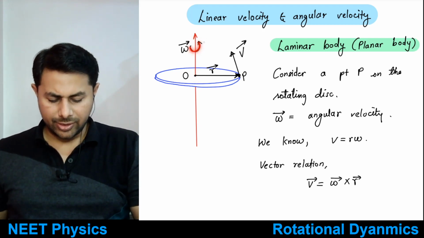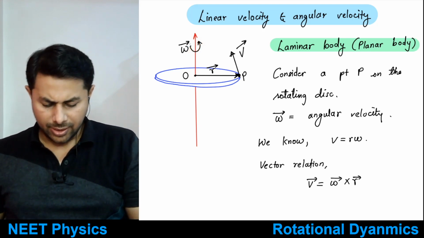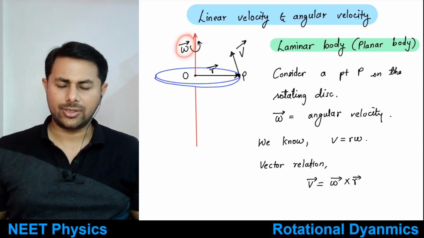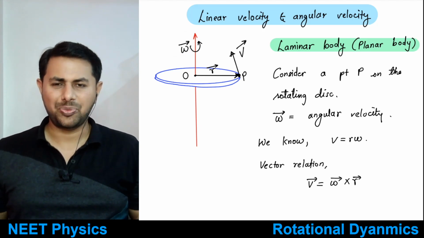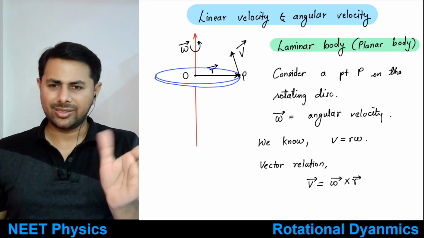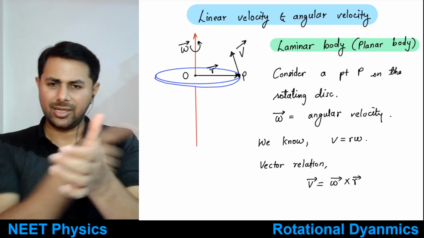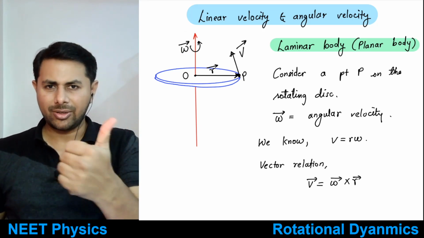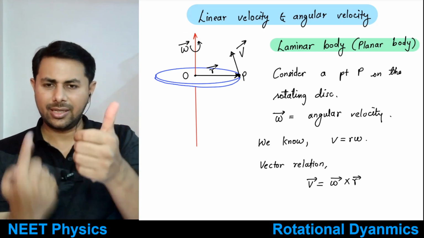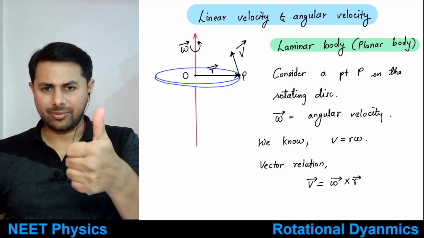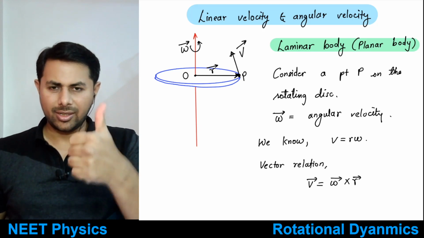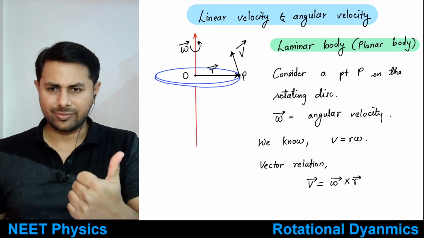So it's rotating about this axis, and this is the angular velocity, omega bar. We remember how to find the direction of angular velocity using the right hand thumb rule: curl the fingers of the right hand in the direction of rotation and stretch the thumb. The stretched thumb gives the direction of angular velocity.